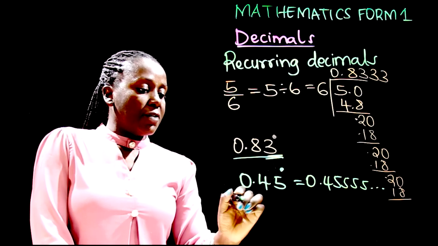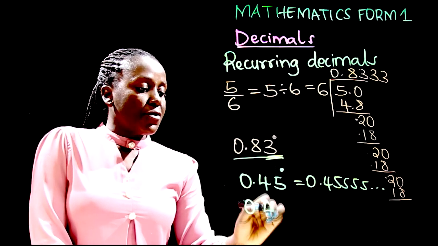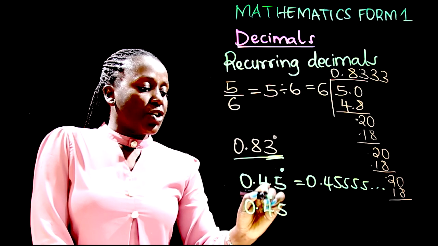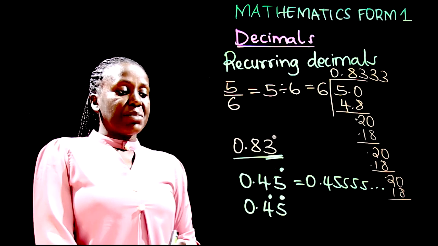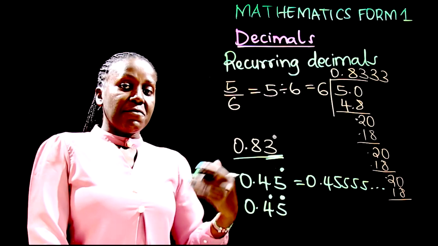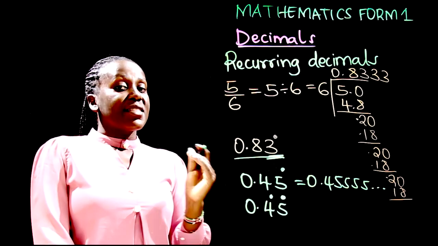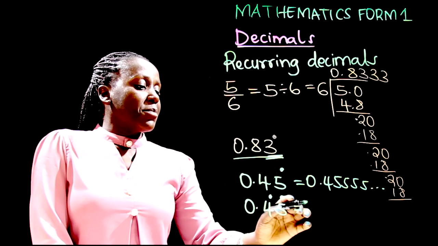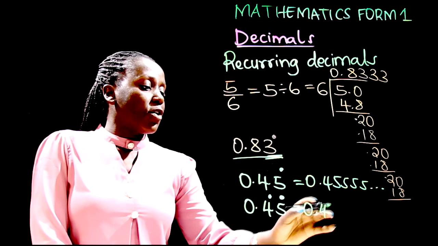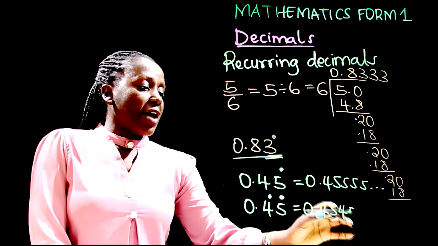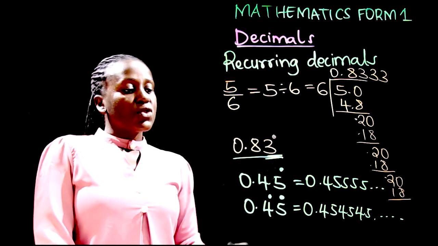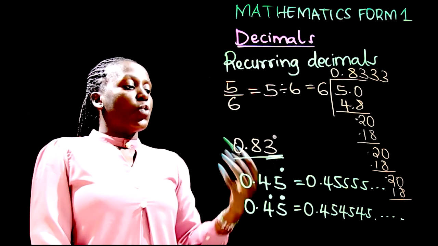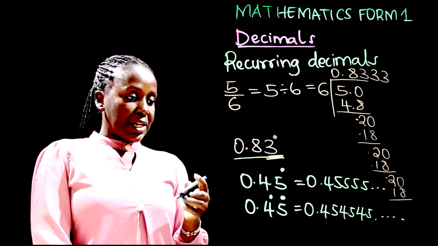Now what if you have 0.45 but then the dot is on 4 and it is also on 5? What does this mean? That both 4 and 5 are repeating themselves. So this will be 0.45, 45, 45 and so on. So this dot tells you which numbers are being repeated.